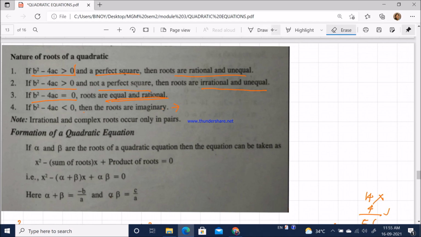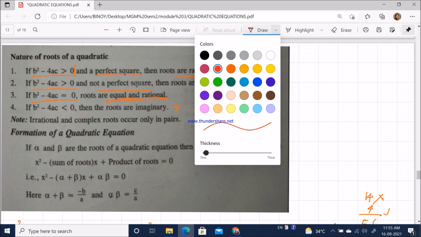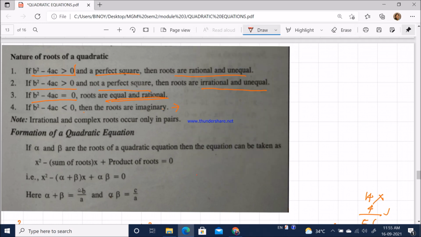So if our roots are alpha and beta, the sum of roots, alpha plus beta, is written as minus b by a. The product of roots is c by a.